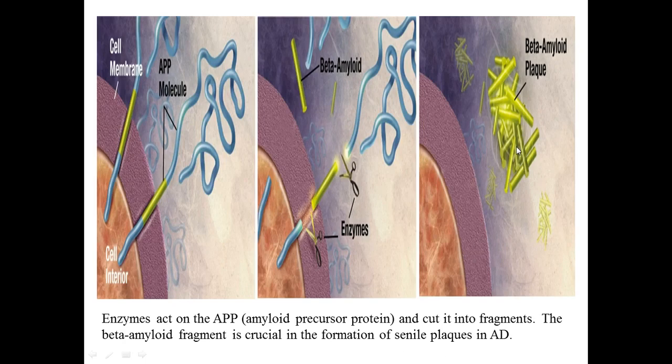What is a senile plaque? Plaque is nothing but the accumulation of microglial cells, astrocytes, and these fragmented proteins, which are dead in nature, near the neuron cells.